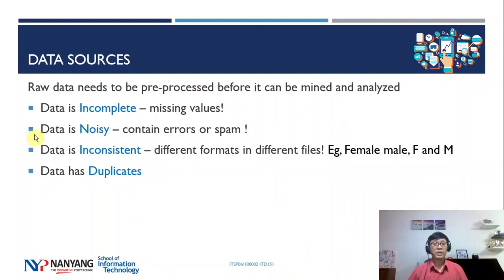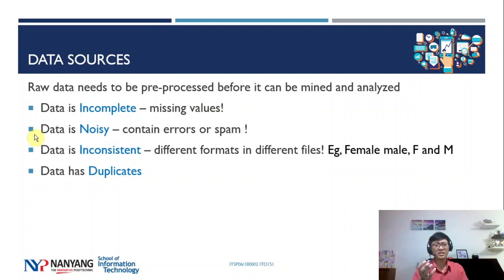Right, data source. Let's take a look at the data. After looking at data that has structure and non-structure, some of these raw data, which means data that has not been processed, need work.